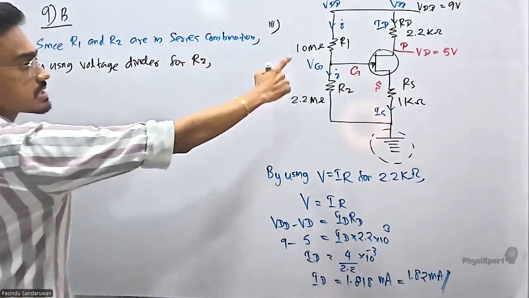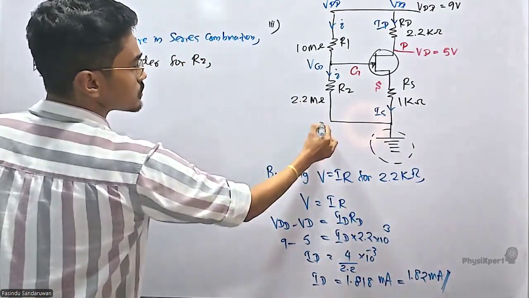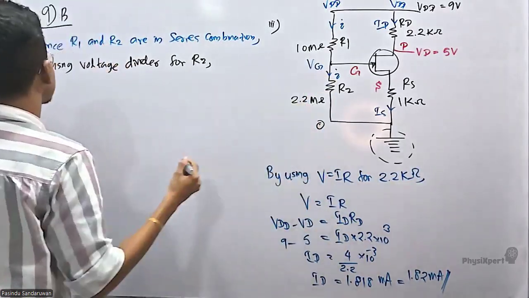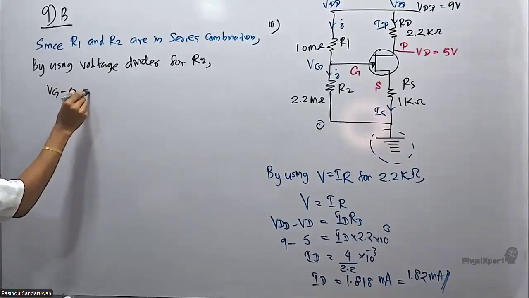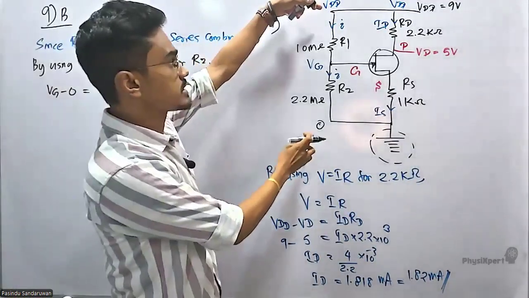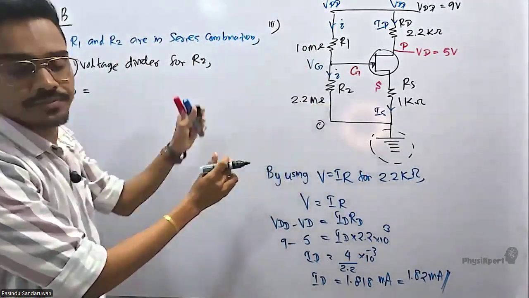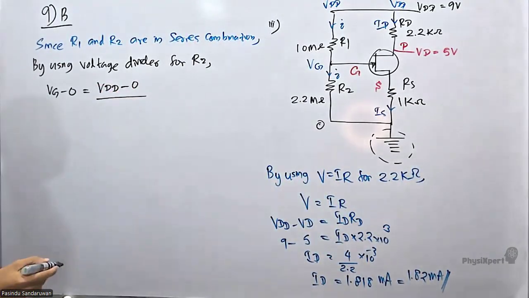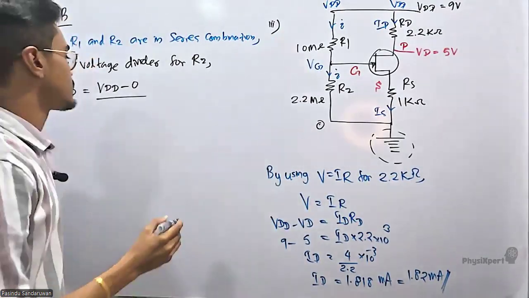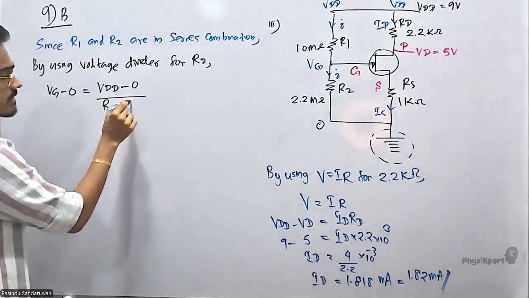Potential across R2, if this is grounded, this is also 0: VG minus 0. Total potential difference across the system, VDD minus 0, over the addition of resistors R1 plus R2.